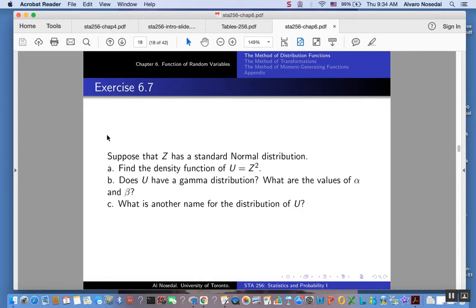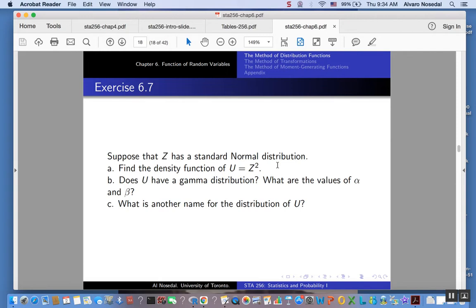First, note that the support for a normal 0, 1 is from negative infinity to infinity. So if we square a real number, the result will be either 0 or positive. So the possible values for our new random variable u are just positive numbers or 0.